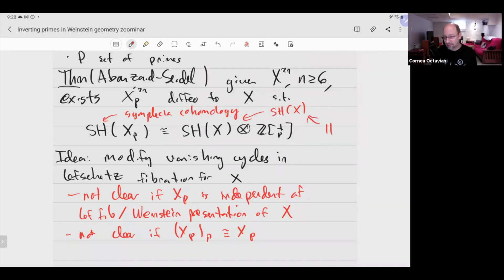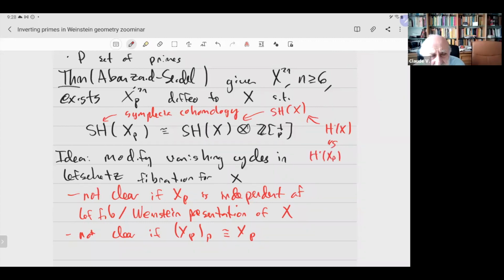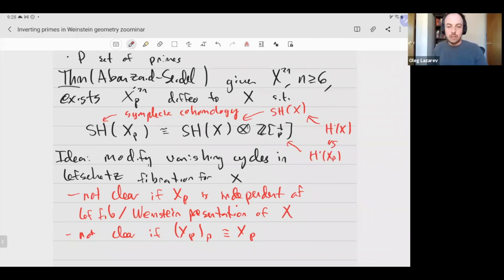So maybe Oleg can write it down. Yes, that's exactly what I was thinking. There's a diagram that commutes like this, and of course SH of X is going to map into SH of X localized. Yes, that I understand.